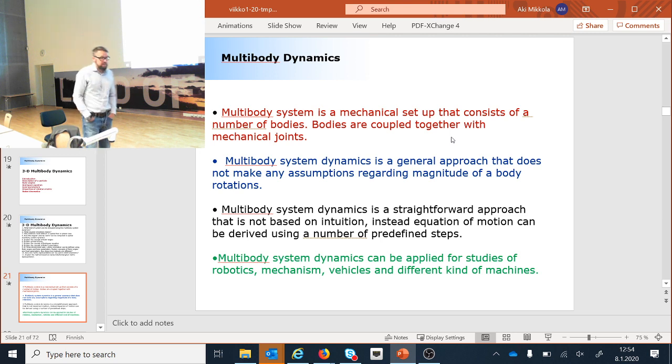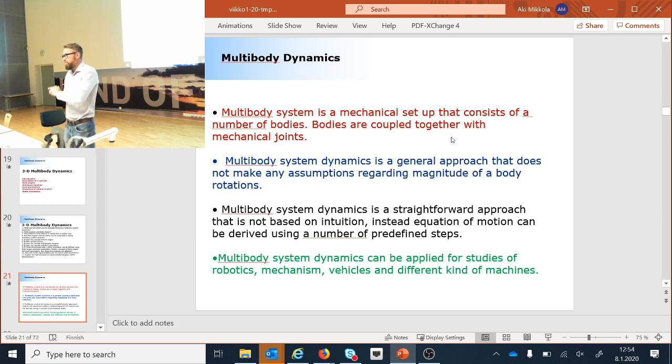you know this already. This is what we discussed, and we spent three months discussing multibody system dynamics. So business as usual. You're very much familiar with this. A multibody system is a mechanical setup or dynamic system that consists of multiple bodies, and the bodies are connected together via joints.